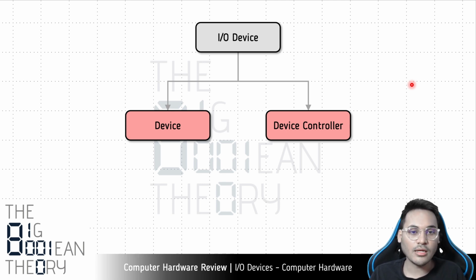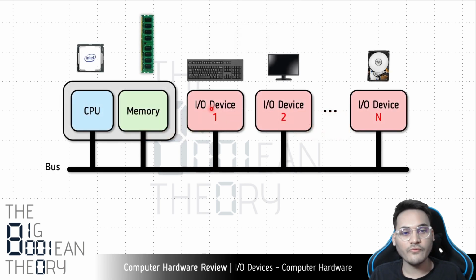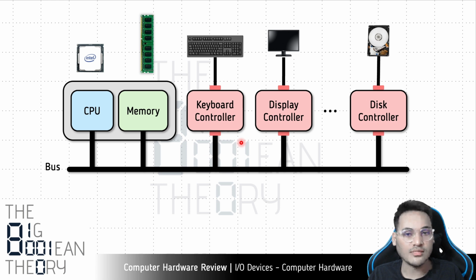So let us understand how this device controller looks. Till now we have shown the picture something like this. In this system, there are n IO devices, right? The point is that this single block is actually two parts. So the updated diagram looks something like this. If you talk about the keyboard, then there are two parts.